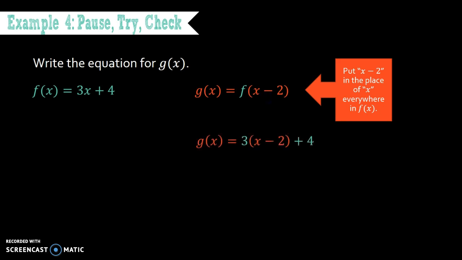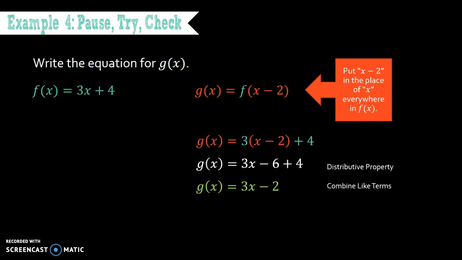So I'm going to do that here. I'm just plugging in x minus 2 in the place of x into my original function. Everything else stays the same. I'm going to use my order of operations to simplify this down. I distribute and then combine my like terms. So my transformed function g of x is equal to 3x minus 2.